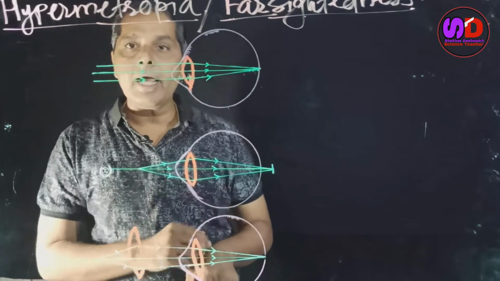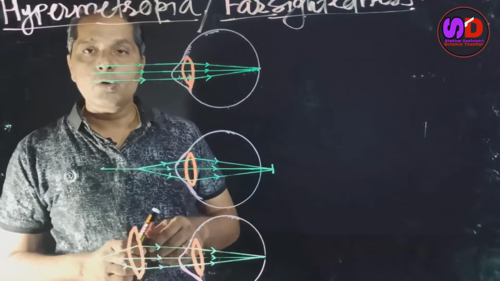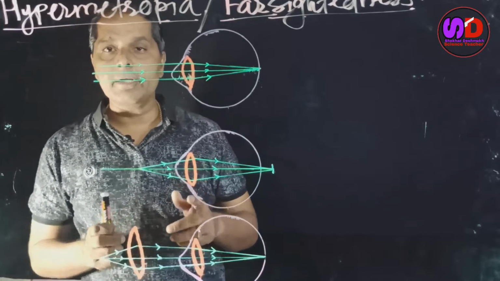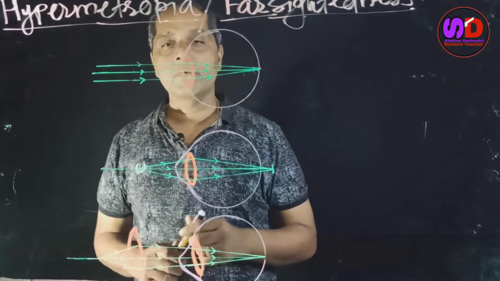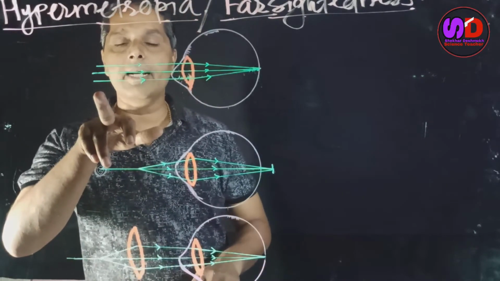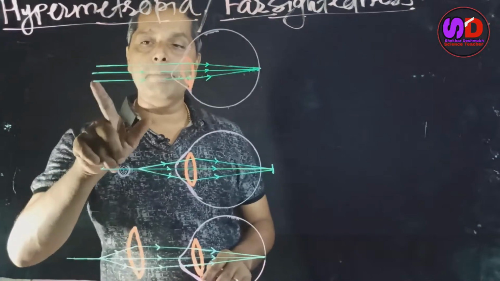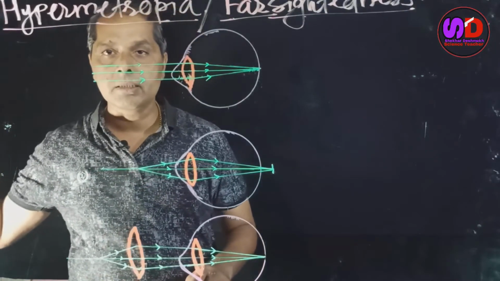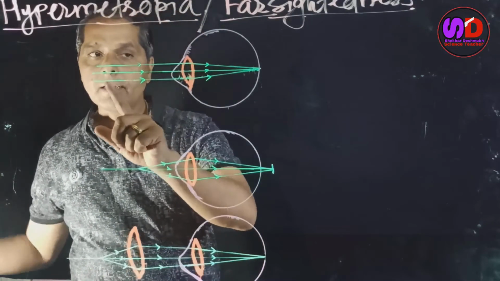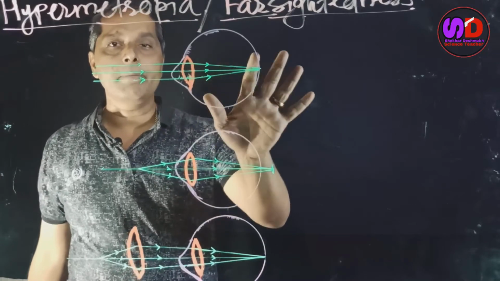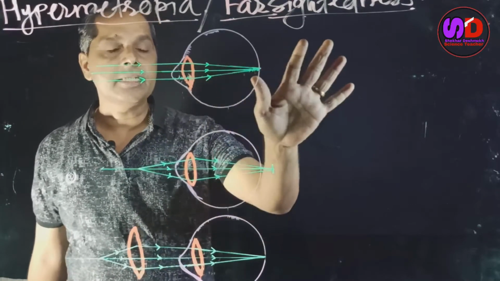If we try to understand it with the help of the diagram, then look at this diagram. The light rays are parallel to each other, that means the object is at a far distance, and the image is formed on the retina, that means the person can see distant objects.